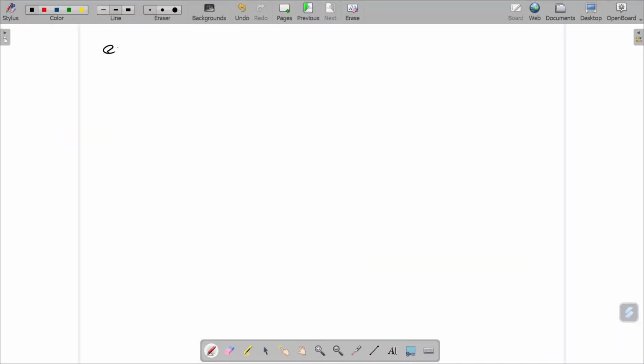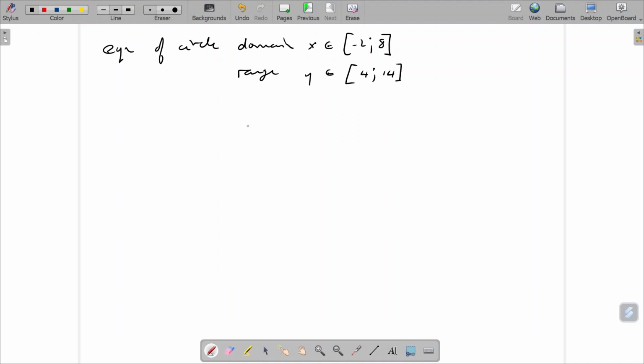Find the equation of a circle whose domain is x is an element of, for example, -2 and 8, and whose range is y as an element of, let's make it, 4 and 14.